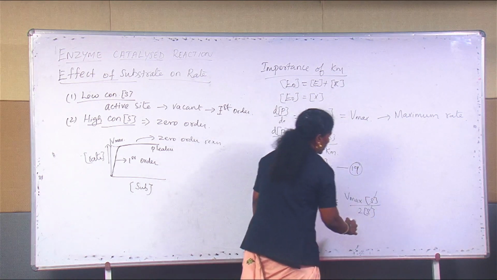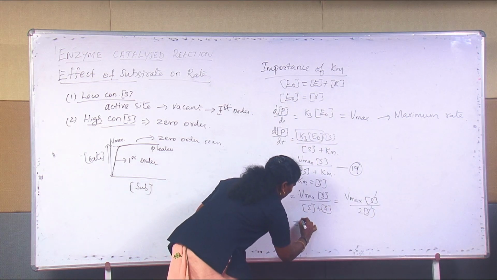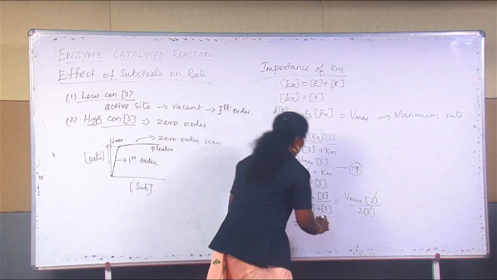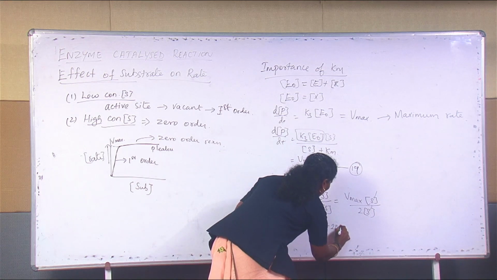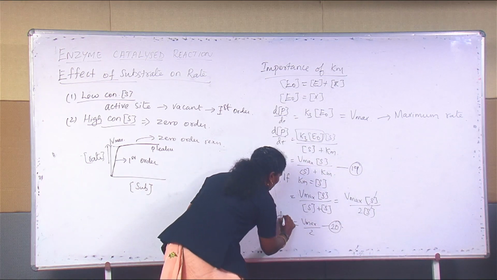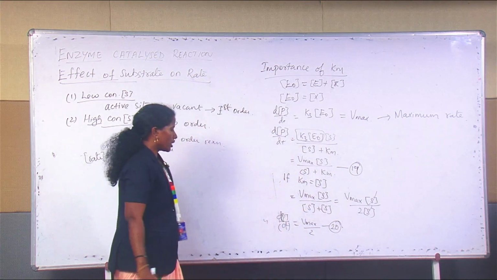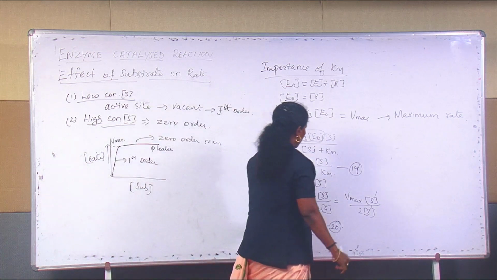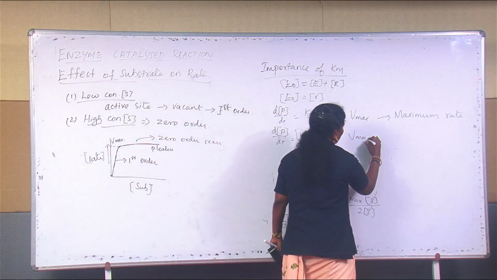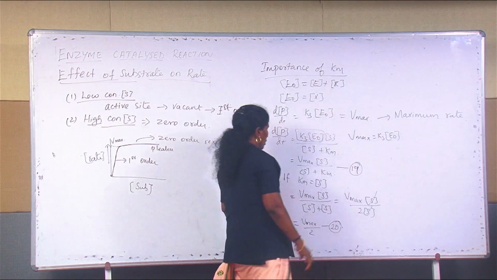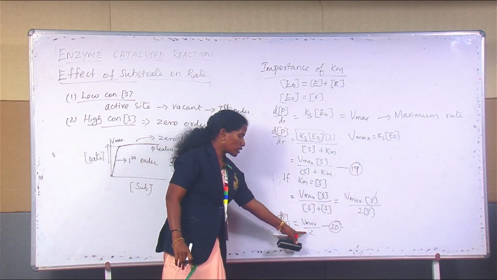So S gets cancelled. So we get Vmax by 2. So equation number 20. So rate of reaction dP by dt equal to Vmax by 2. Since Vmax equals K3E0, we can substitute and get Vmax by half.